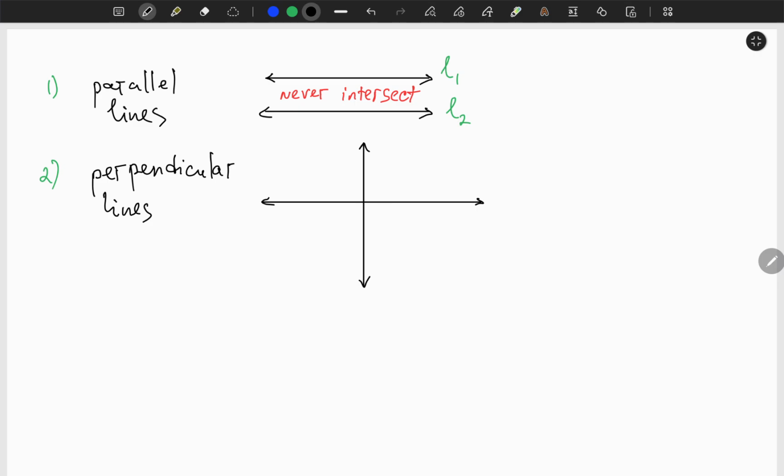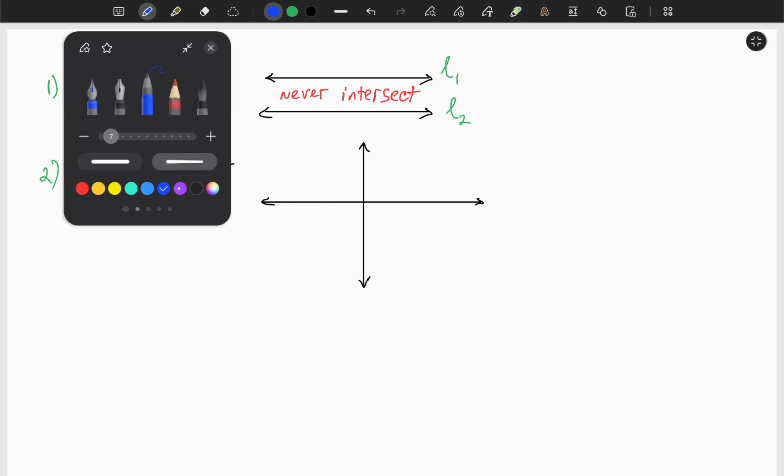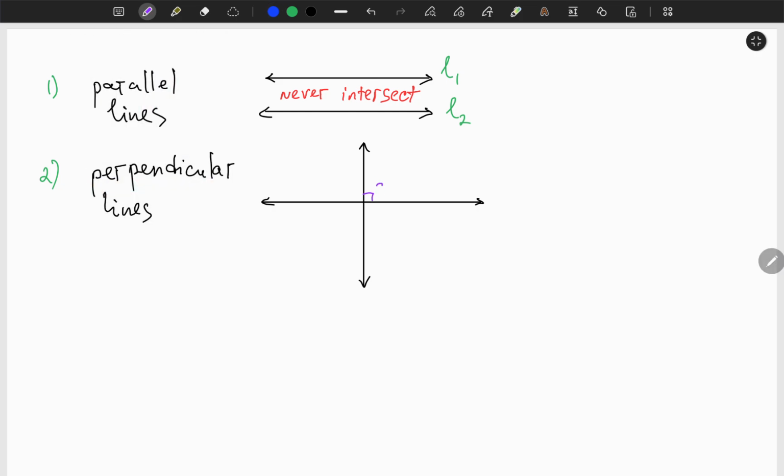Under this specific angle, and this angle, I'm going to prove why it's 90 degrees.